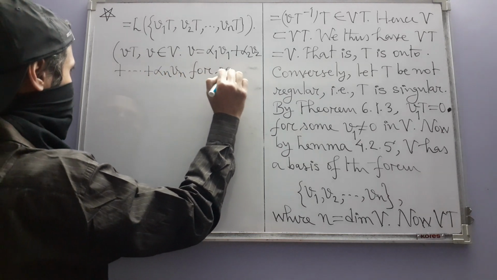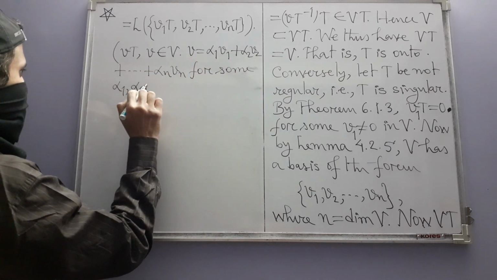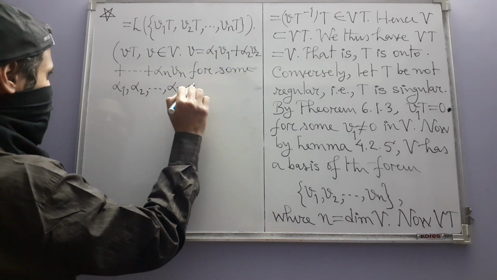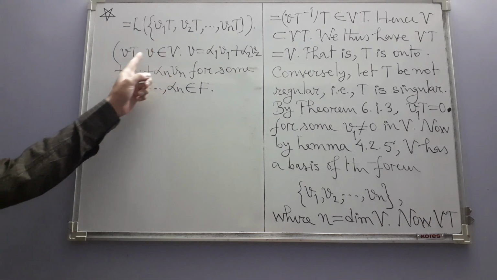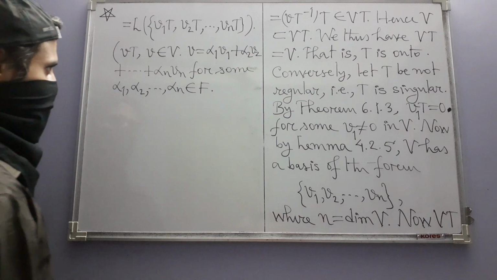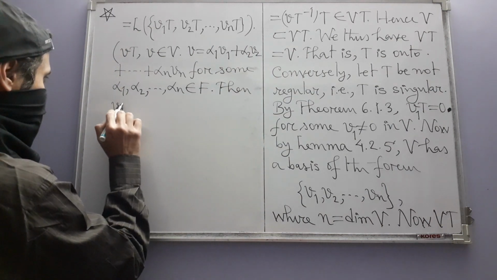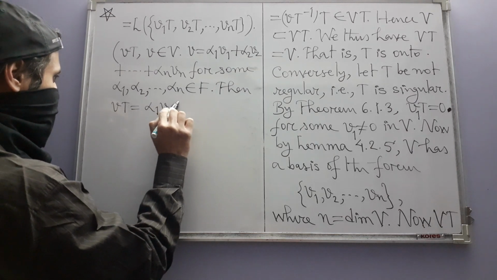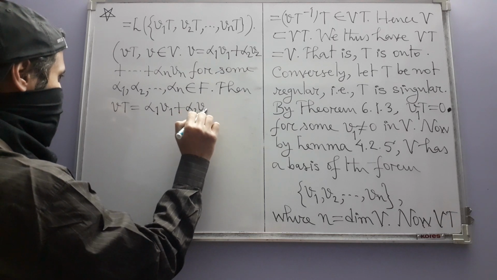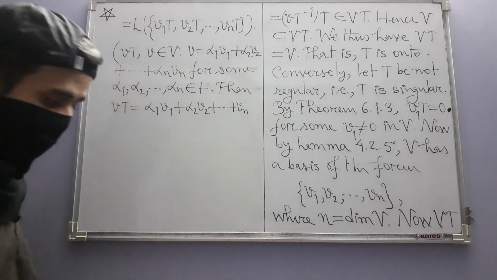For some scalars coming from the field. So now if we apply the operator T on this expression, on this linear combination, then Vt will be this: Vn, alpha n Vn.